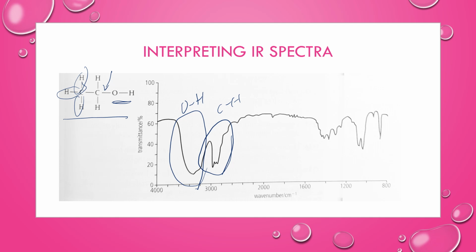So that's going to be this one here, just a little bit over 1,000. You could make an argument that it's one of these ones, but they're not going to ask you to be able to distinguish those from each other. It's basically the only other one there is the CO bond.